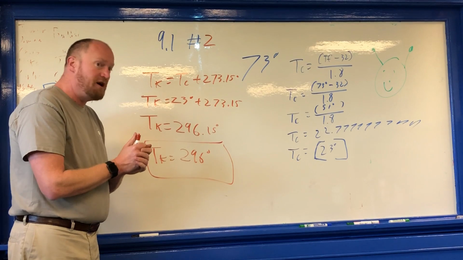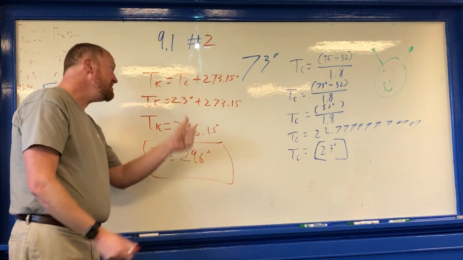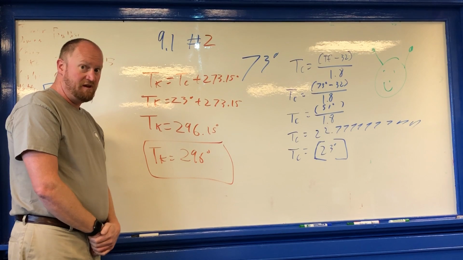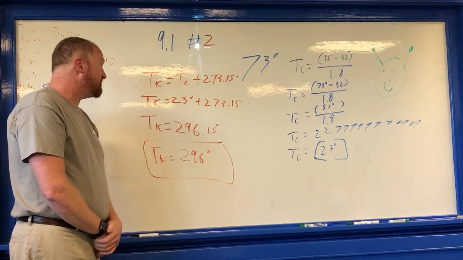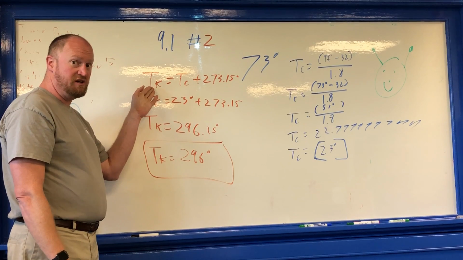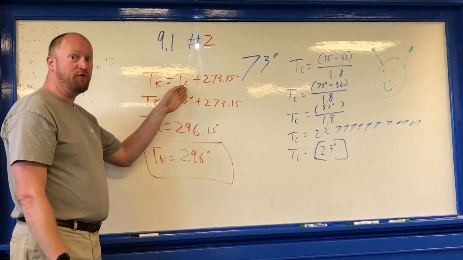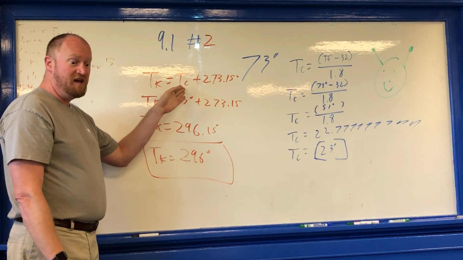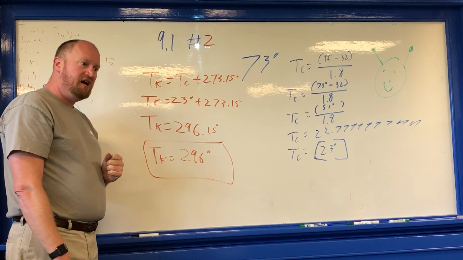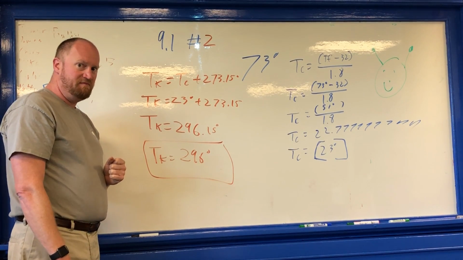Now, number sense. With an equation like this, there are very few ways to screw it up. The only way is if you put your temperature Celsius where the temperature Kelvin goes, and then solved for the other thing. If you did that, you would get a negative number.